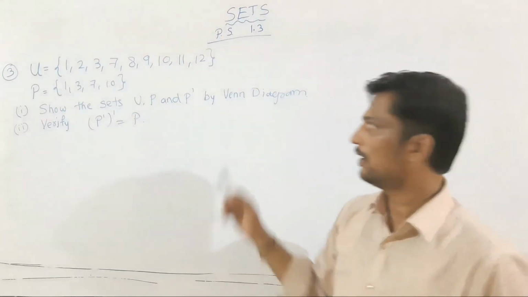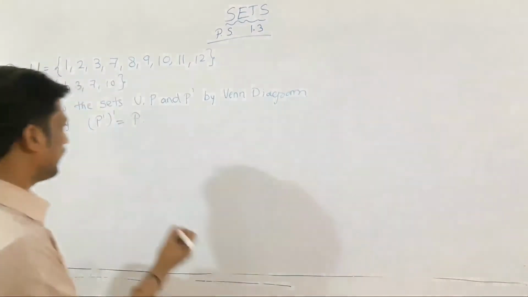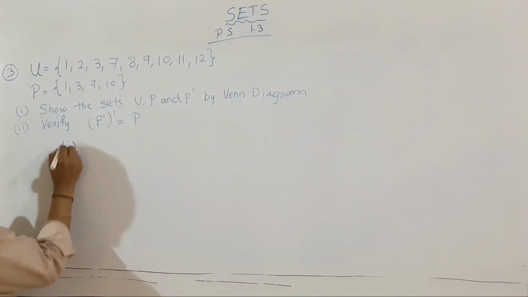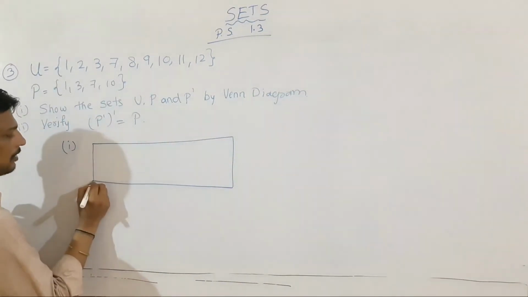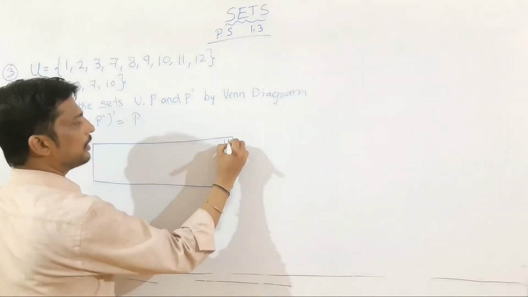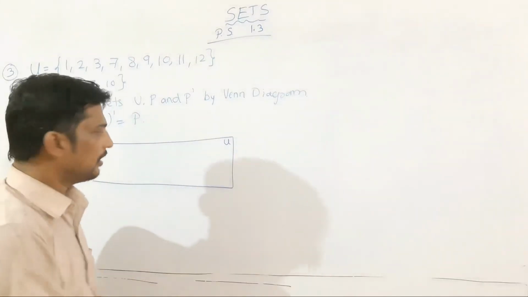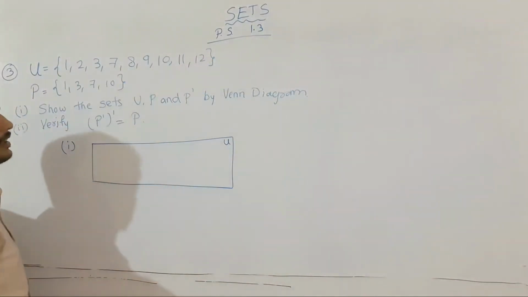By a Venn diagram. Now, for drawing a Venn diagram, for the first question, I am going to take a big box. I am writing the name U over here. This is a universal set. Then all these elements should be written. Right.